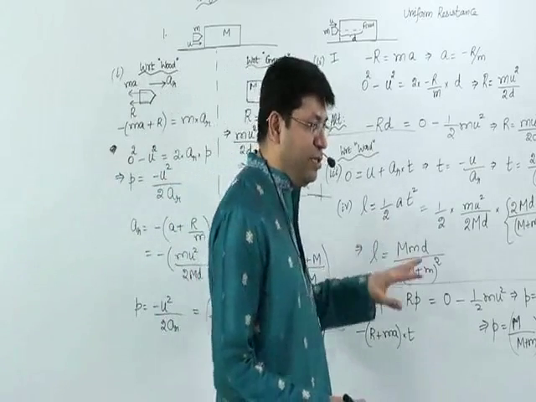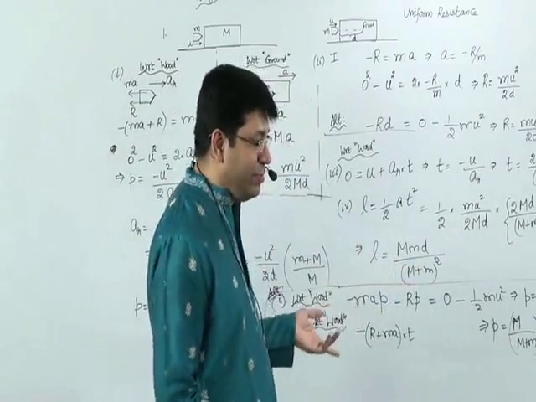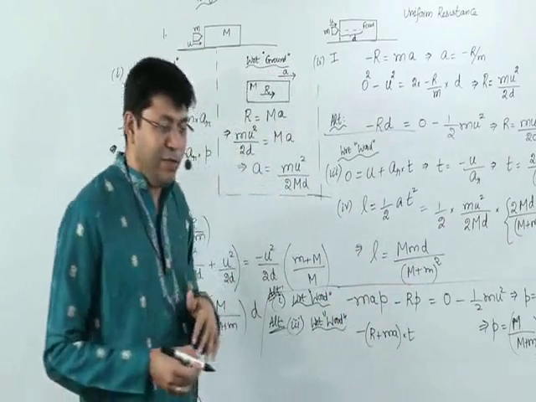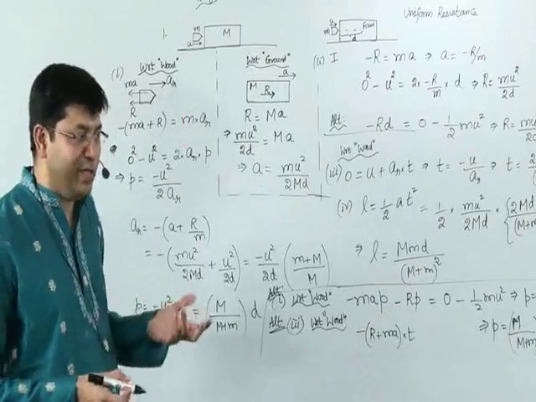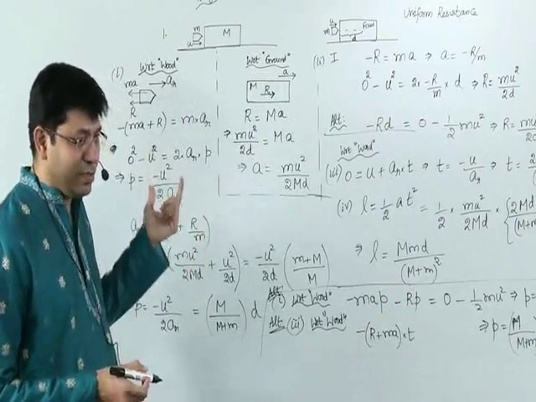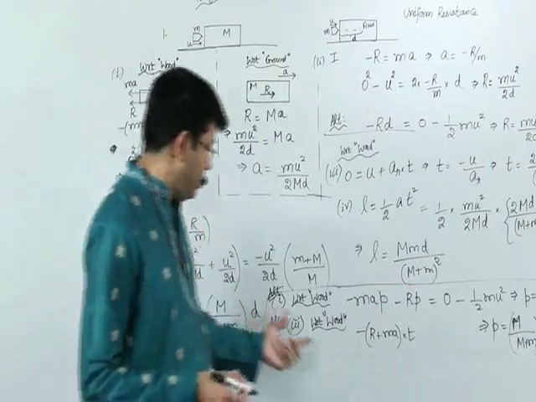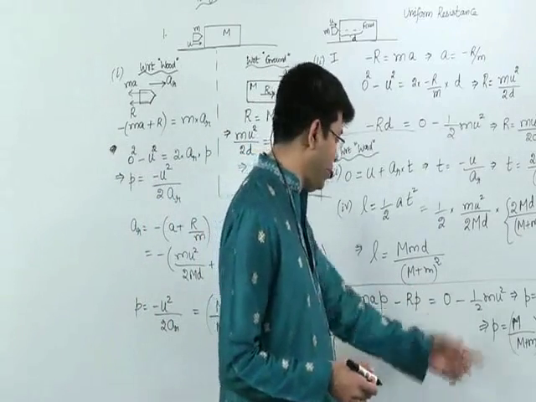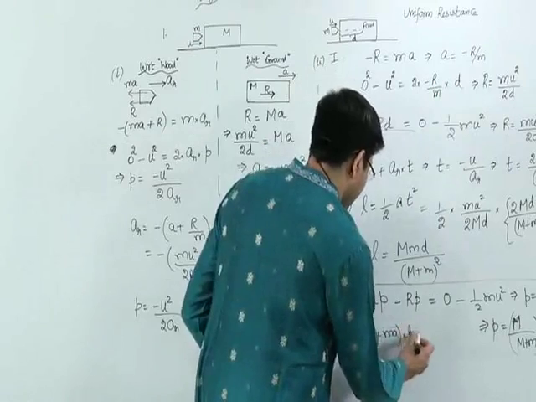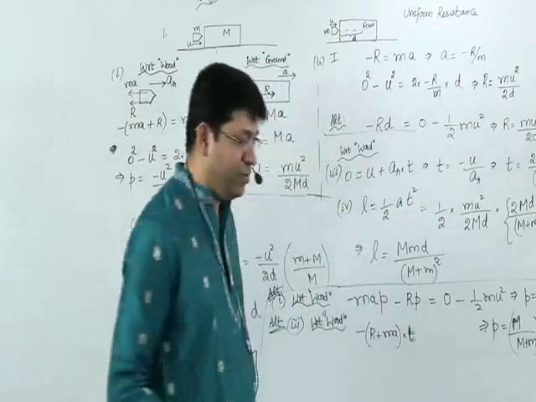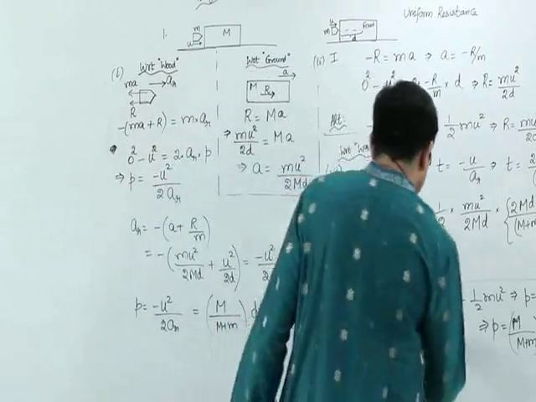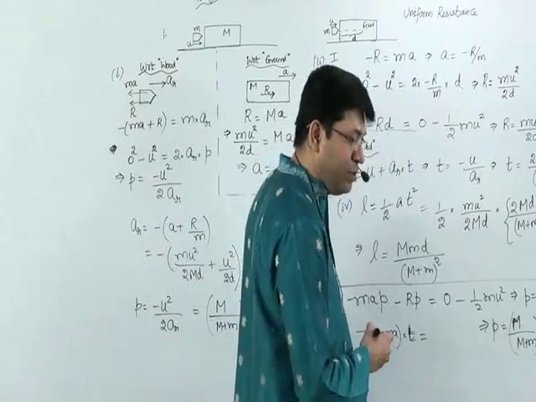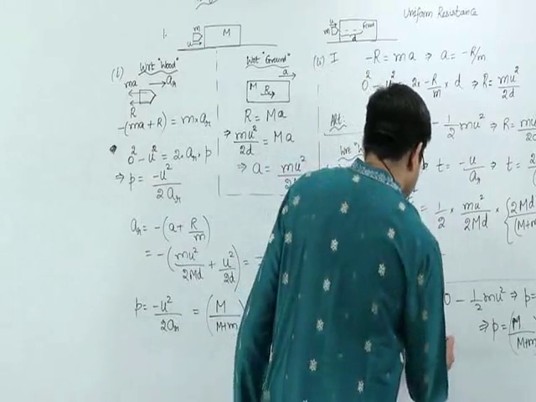This must cause change in linear momentum of the system with respect to wood. That means what? The system here will be just the bullet. Net impulse acting on the bullet equals the change in linear momentum of the bullet with respect to wood as the reference frame. So what is the final linear momentum of the bullet with respect to wood? 0.